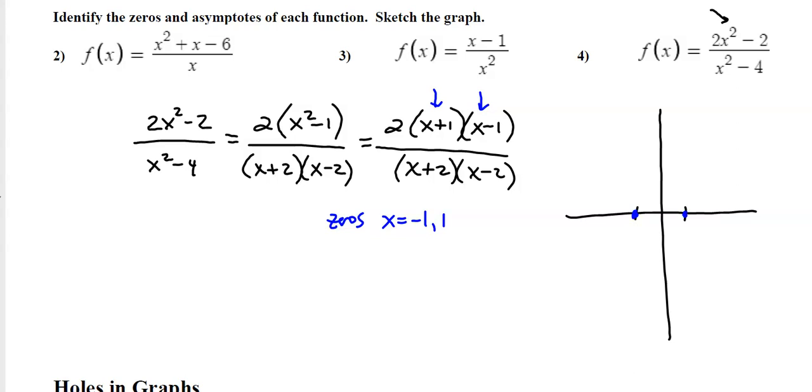And then where are my vertical asymptotes? So my vertical asymptotes come from the bottom. So that comes from when x is -2 and 2. So holy smokes, I got 2 vertical asymptotes. This is weird.